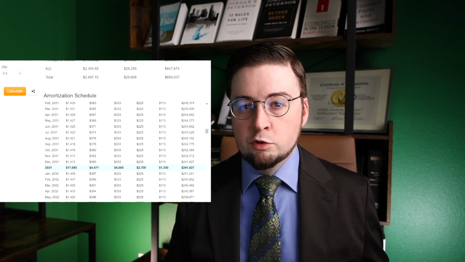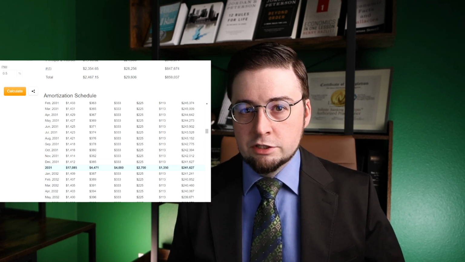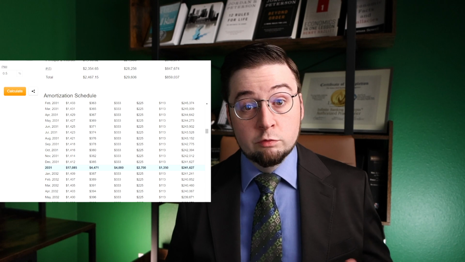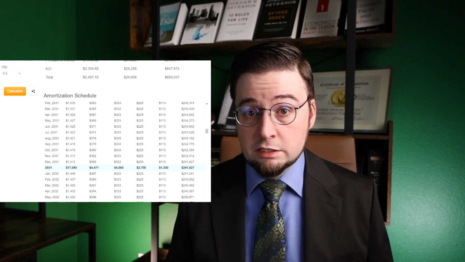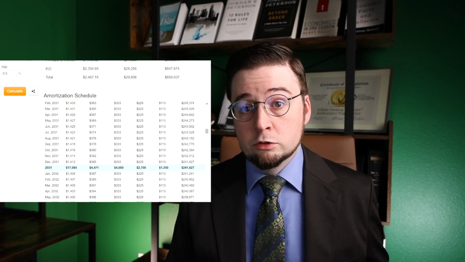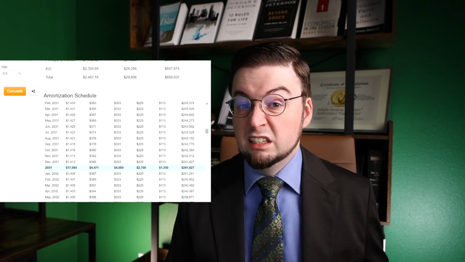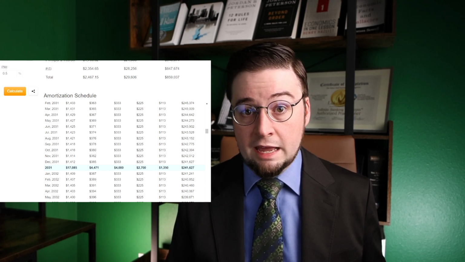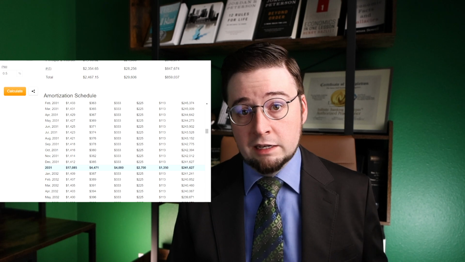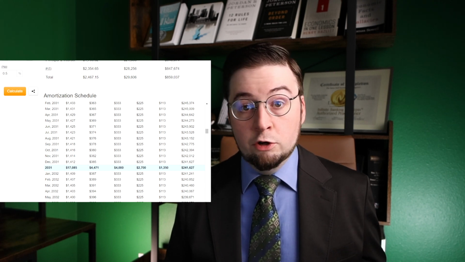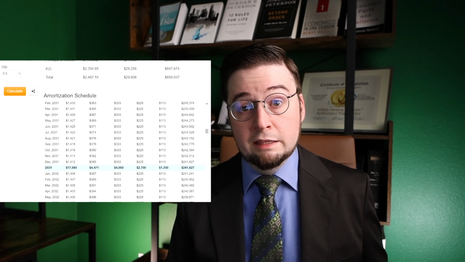So you've paid $237,000 to the bank on a loan that was originally for $270,000, and only about 12%, a little less than 12% of that has actually reduced the balance on the loan. The other 88% went to paying the interest to the bank.